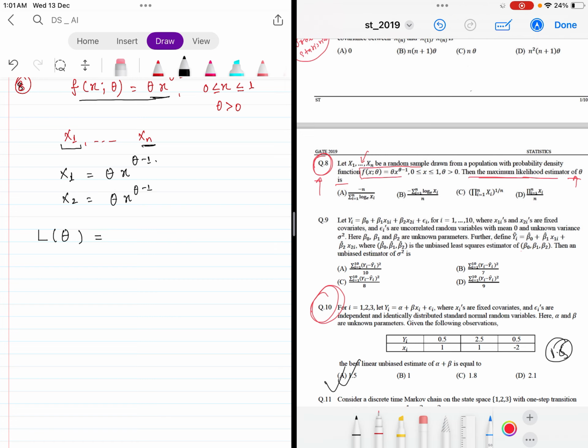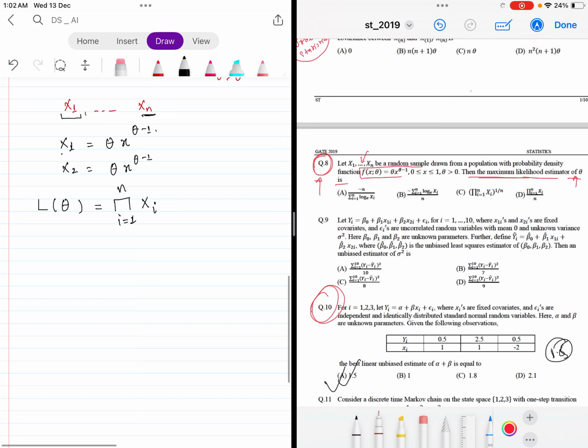We can write the maximum likelihood function as the product of the PDFs of these samples, so here we will have x of I, and I will be from 1 to n.